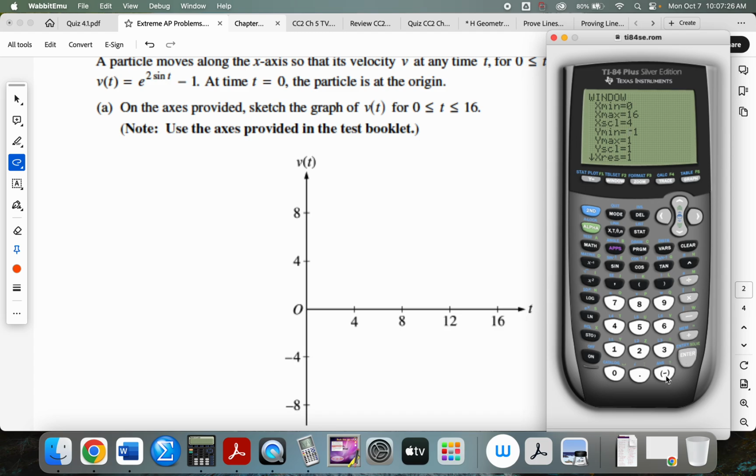And the y goes from -8 to +8, also by 4s. Kind of an interesting looking graph. So you would sketch that.